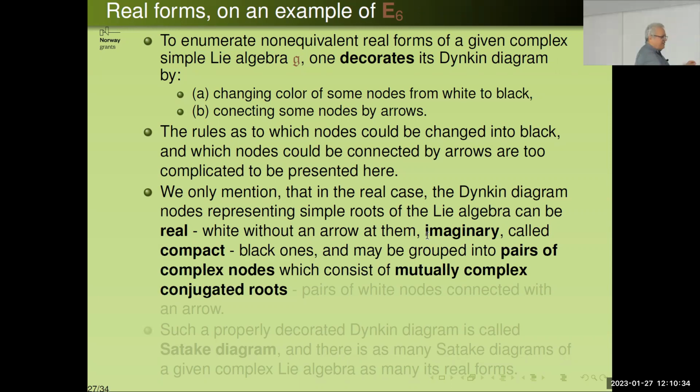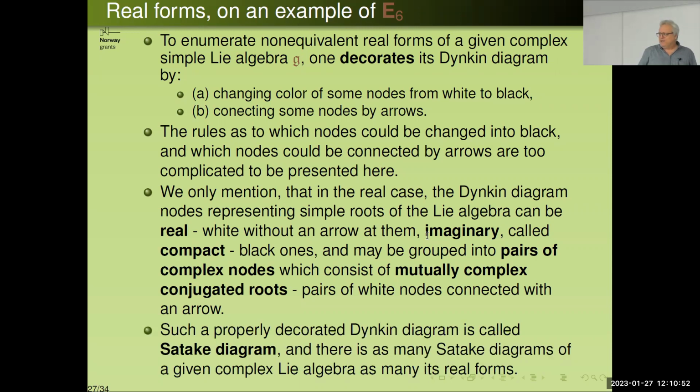If they are complex conjugated, they are connected by an arrow. So there are three types of simple roots that could be in this real Lie algebra, and you denote on the diagram that those that are compact you put into black, and those that are complex conjugated you connect by an arrow. If you do something like this for a given Dynkin diagram, you get a new diagram which is called the Satake diagram, and this Satake diagram corresponds to a given real form of this simple Lie algebra, now a real one.